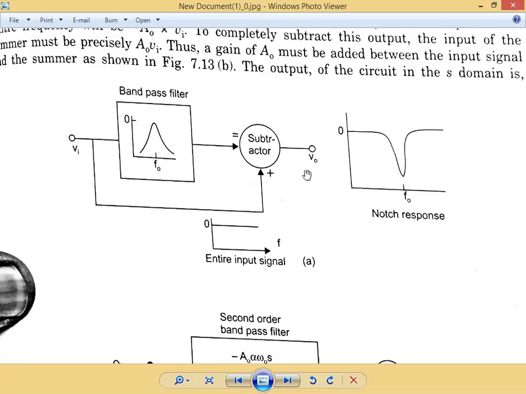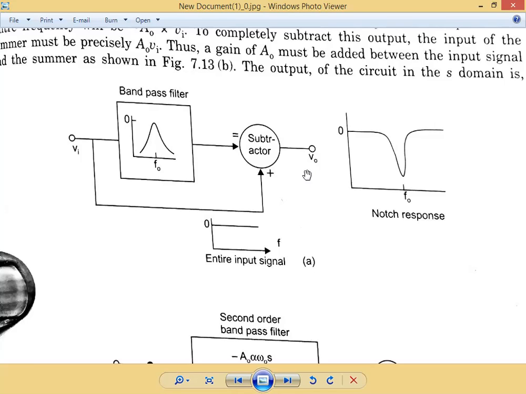Narrow band means, as we have seen in the case of the band pass filter, the bandwidth will be narrower, and wide band reject filter means the bandwidth of the filter will be wide. First we are going to see the response of the narrow band reject filter.